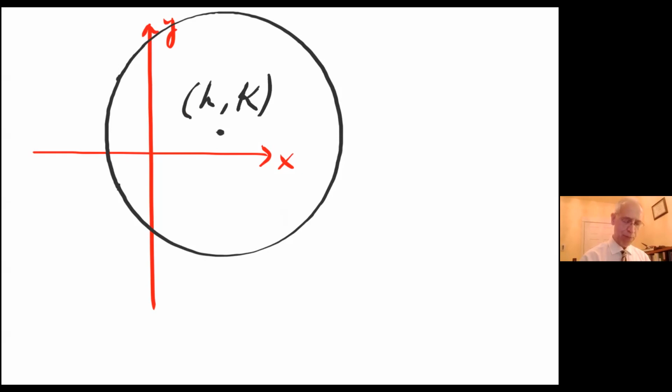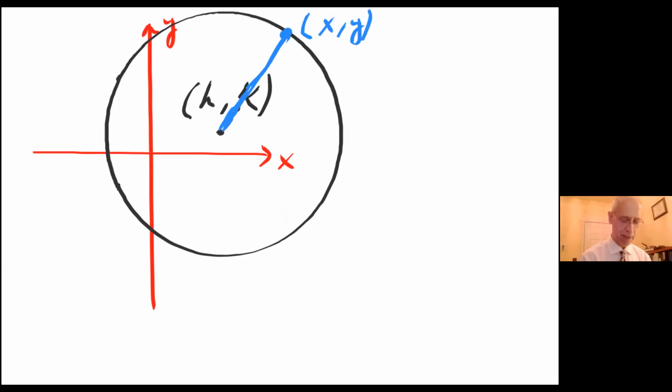If you pick a point on this circle, no matter where, it has the position x, comma, y. Again I can use the distance between the center and this point, which is my radius.